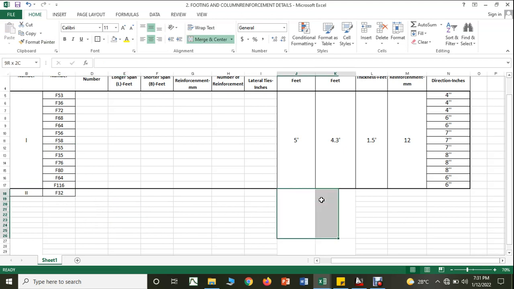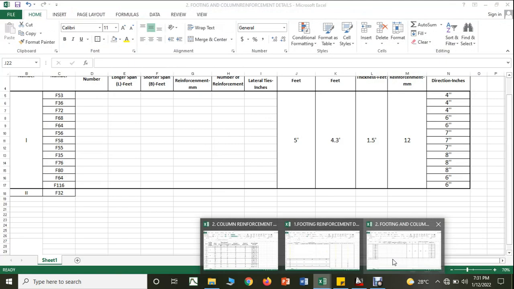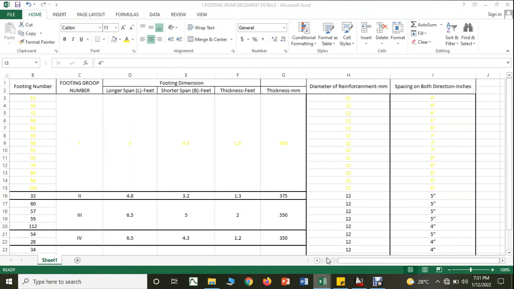So now when it comes to this, what are its corresponding dimensions?